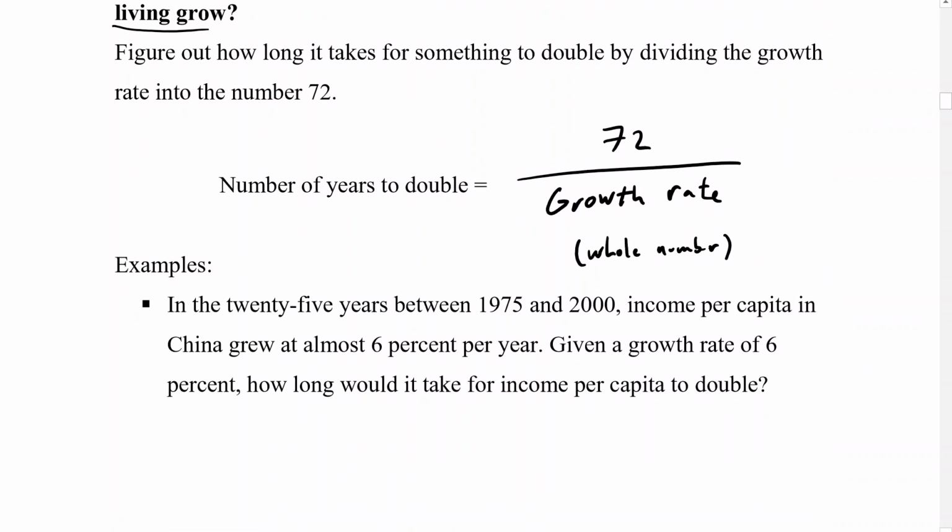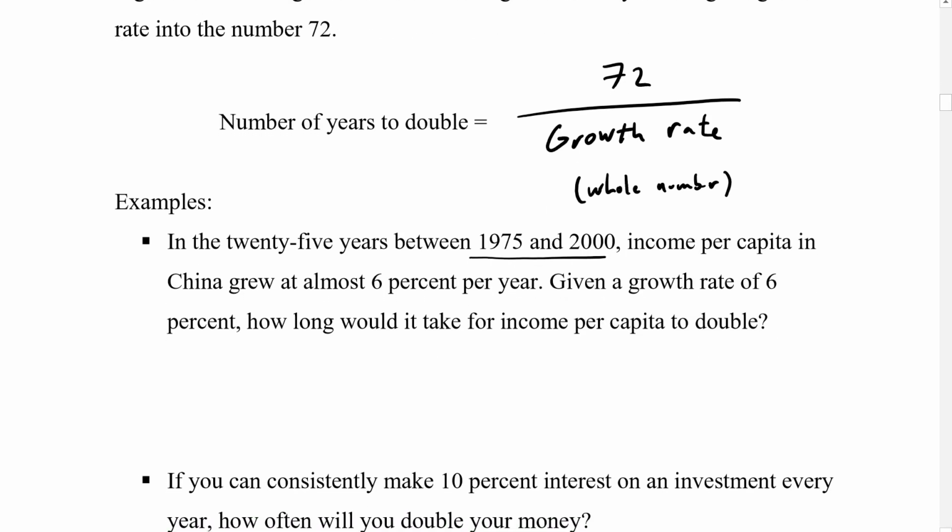Like I said, the United States has been growing at about 2% a year in the long run. China and a lot of other less developed countries tend to grow faster. This is an idea of convergence that we'll talk about in a future video. But in these 25 years between 1975 and 2000, Chinese income per capita grew at about 6% per year.